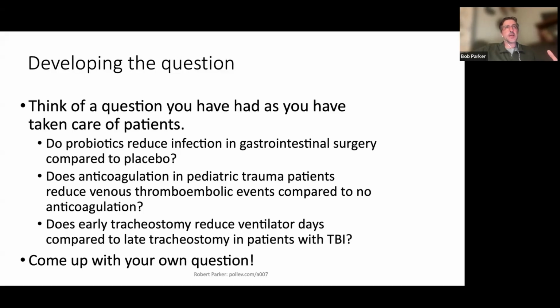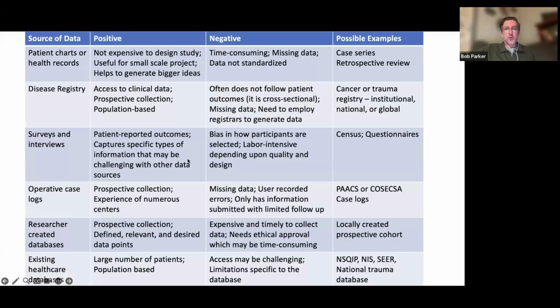And these questions are best when they kind of grab you, when there's a problem with a patient and you want to figure it out. And right now, the literature doesn't yet exist for that, or you're seeing something that's a bit different than the literature and you want to challenge it. So have the curiosity and the humility to do that.